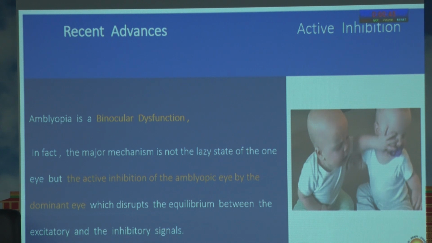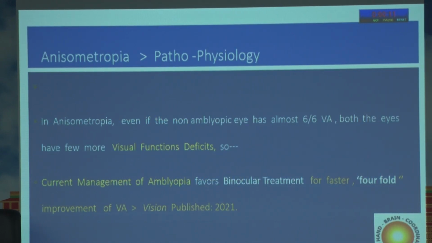In fact, the major mechanism is not only the lazy state of one eye, but the active inhibition of the amblyopic eye by the dominant eye, which disrupts the equilibrium between the excitatory and inhibitory signals. When you start patching one eye, the other eye will not allow that eye to develop. It is just like human tendency: they will not allow anybody to go ahead. The same thing happens here also.